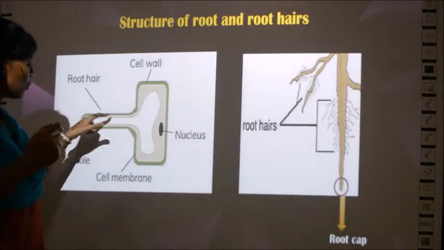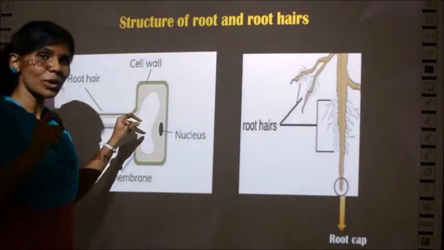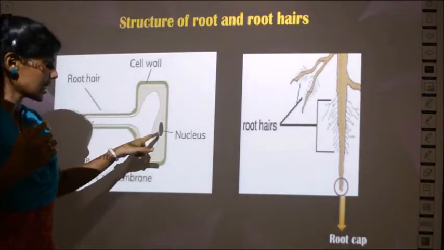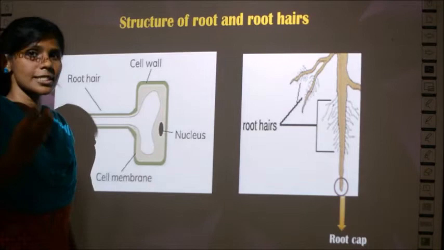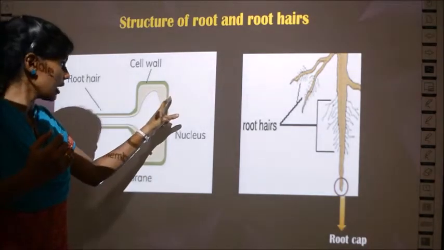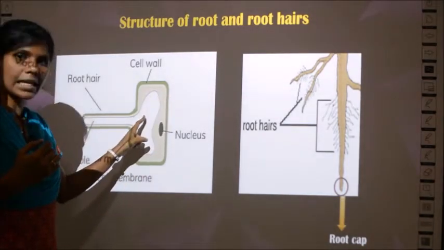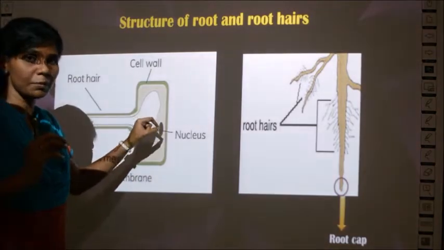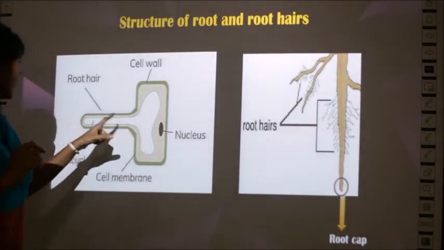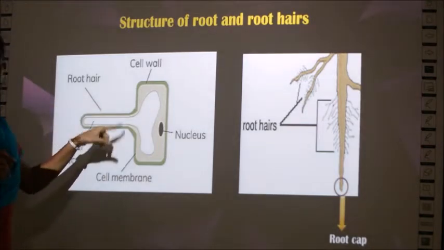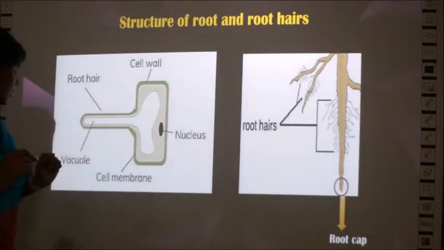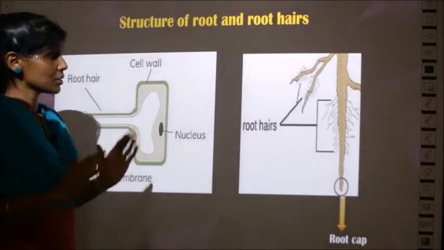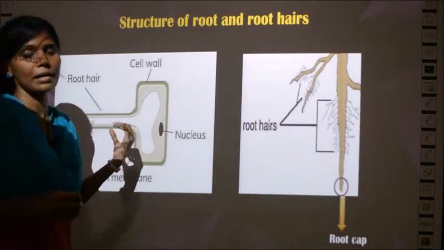This big white portion is the vacuole, inside which you have the liquid called cell sap, and the yellow region is called cytoplasm. Cell wall, cell membrane, cell sap and cytoplasm, these four you are clear about, right? The darkly shaded portion is the nucleus, and this is the root hair extension. The white portion is the vacuole. So this is how the root hair appears under the microscope.